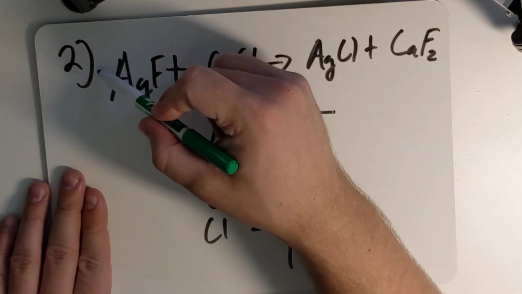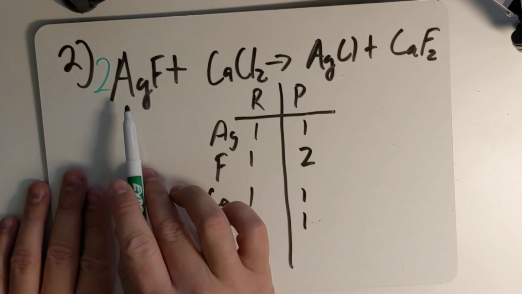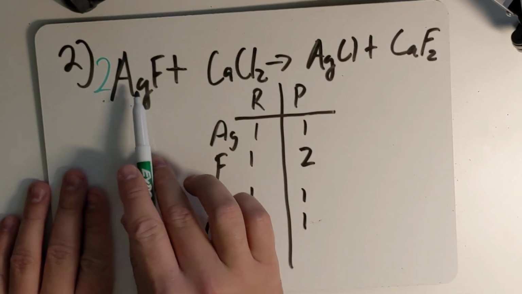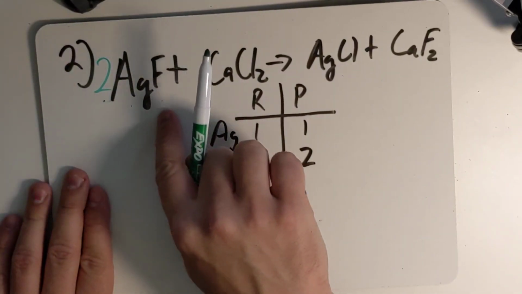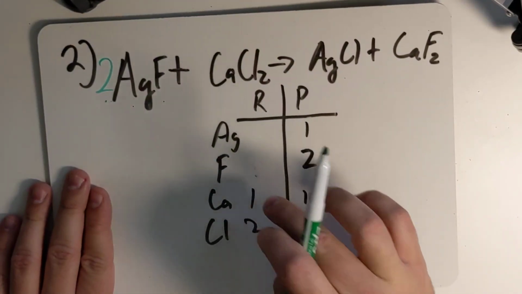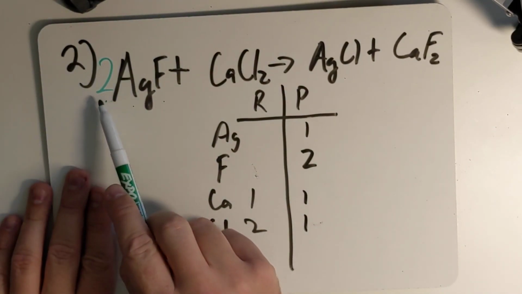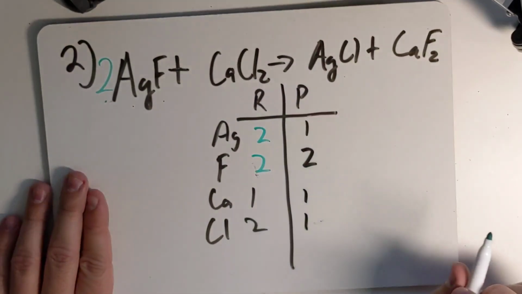So I'm going to write my coefficient in, and then I'm altering the number of silver and the number of fluorine, because this is all one molecule right here. So I'm going to cross both of those out and I'm going to recount how many of them I have. So I have 2 silver and 2 fluorine.